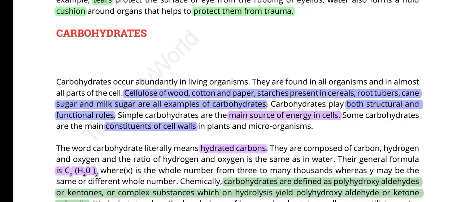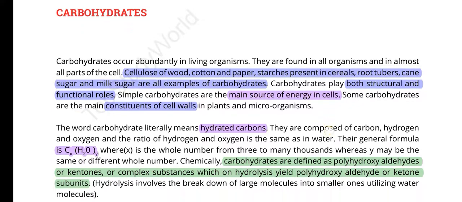Functional roles means it is important for ATP production and the energy required for cell functioning. So, both structural and functional roles.